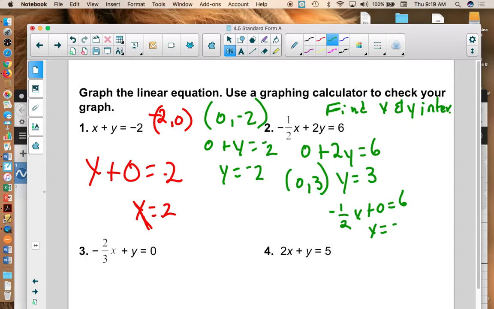Negative 12. So the second point is negative 12, 0. Those should have been my X and Y intercepts. Then if you look at your graph, does it match that? And do you see where I got it from? Anybody else? Okay?